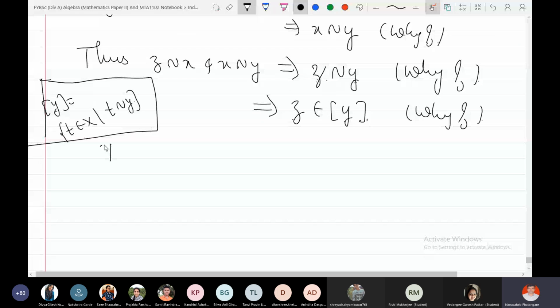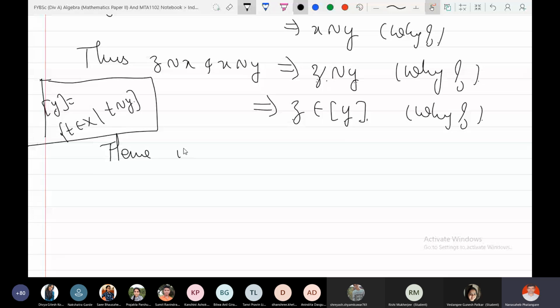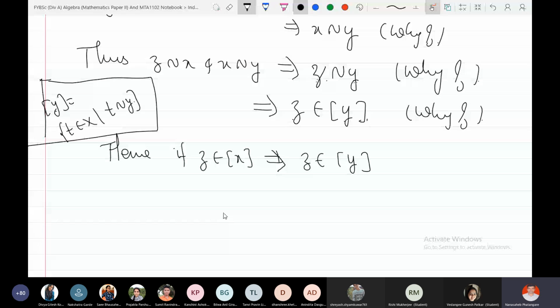So what is the conclusion? Hence, if you choose any Z from class of X, then Z is a member of class of Y. Now what Z have I selected? Did I select a particular specific Z?